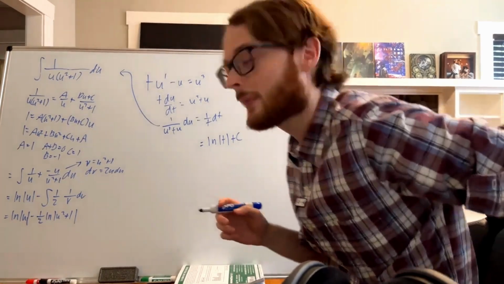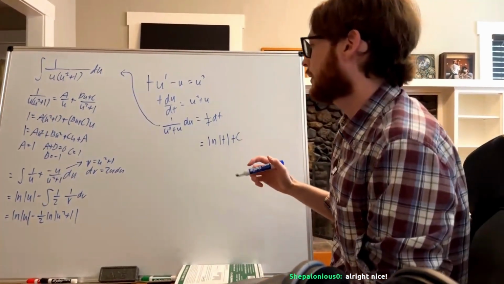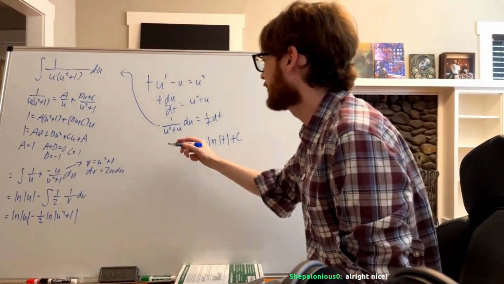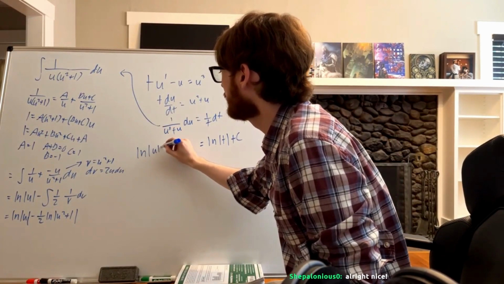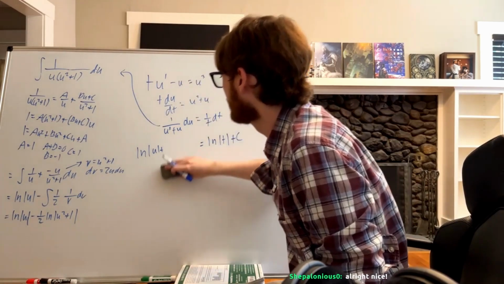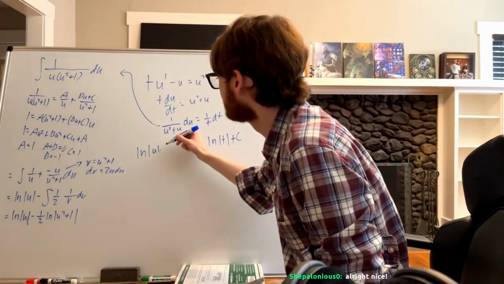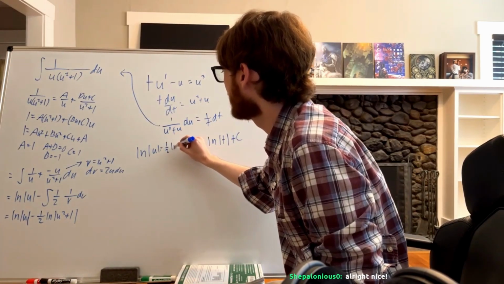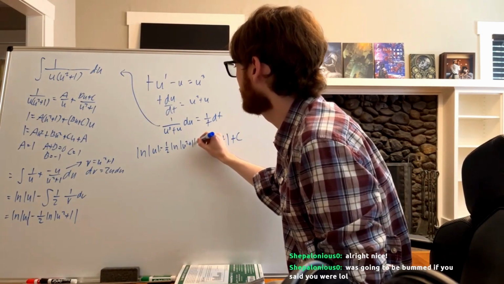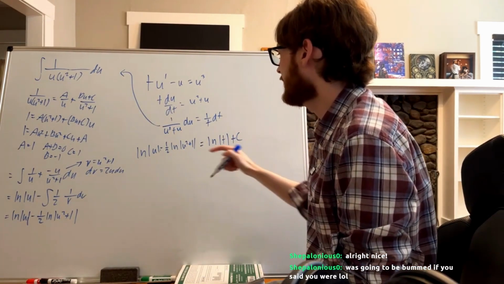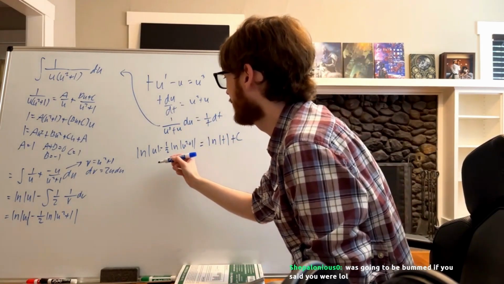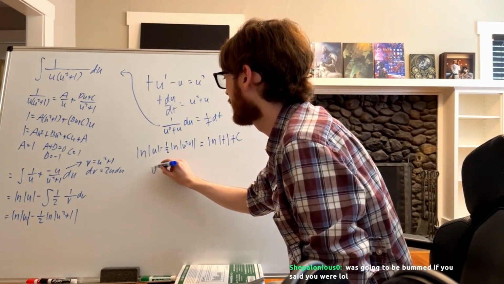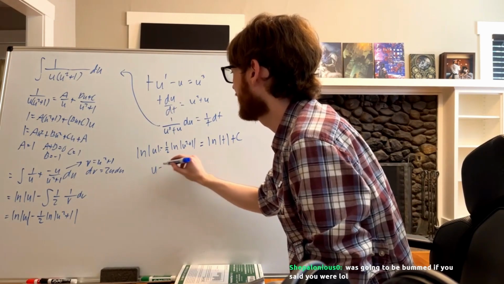Okay. So I think Abdul and I have gotten to the same place now. ln u minus a half ln u squared plus 1. Now we can do e to the power of each side, which would give us u minus.